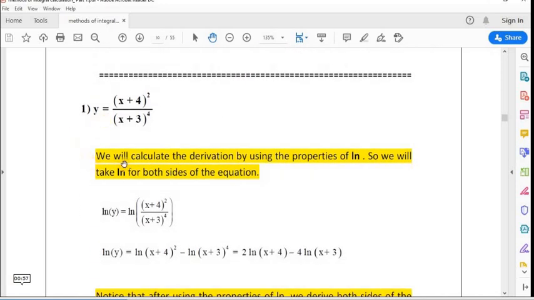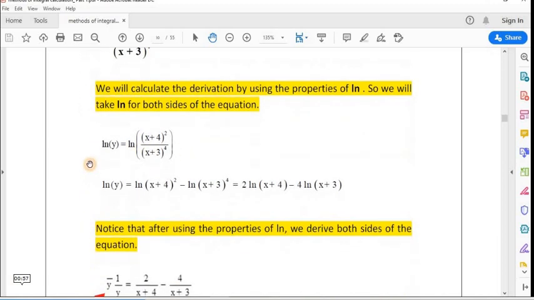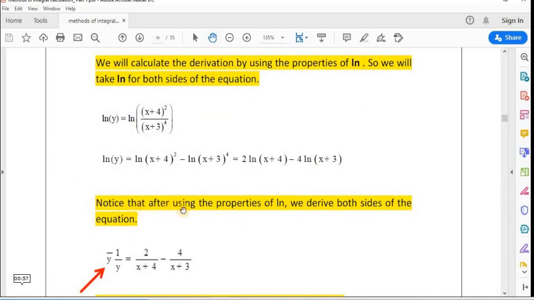We will calculate the derivation by using the properties of ln. So we will take the ln of both sides of the equation. So it will be ln y equal ln of this part, both sides. Notice that after using the properties of ln, we differentiate both sides.